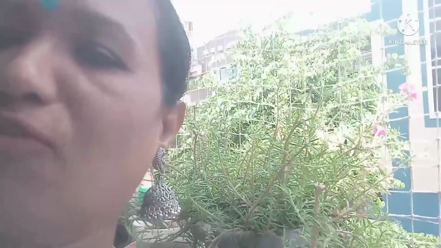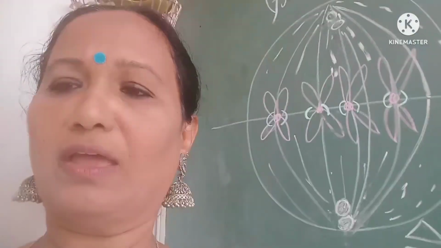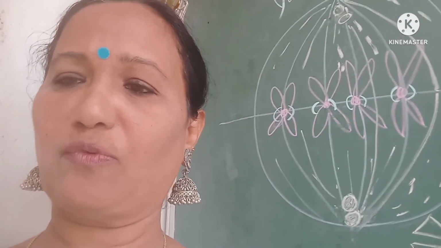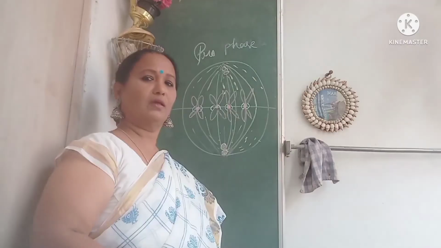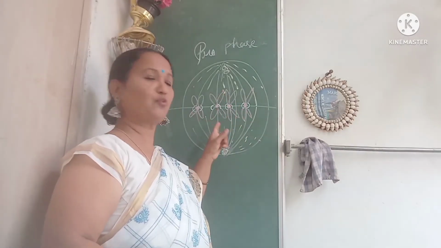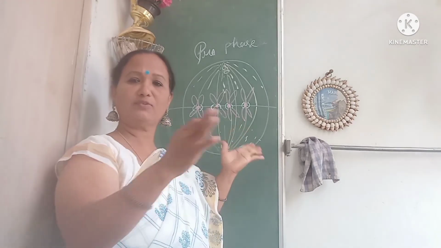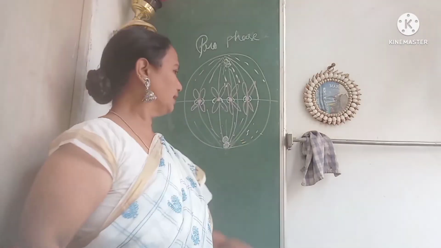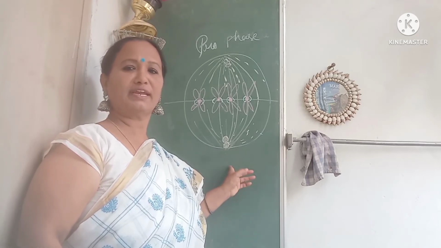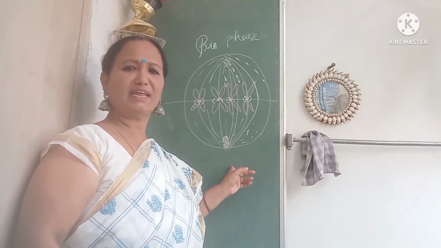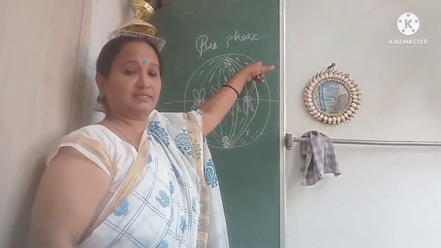In cells of most plants, however, spindle fibers are formed without centrioles and lack the aster. Lastly, during prophase the nucleolus gradually disappears. Disintegration and disappearance of the nuclear envelope marks the end of prophase.